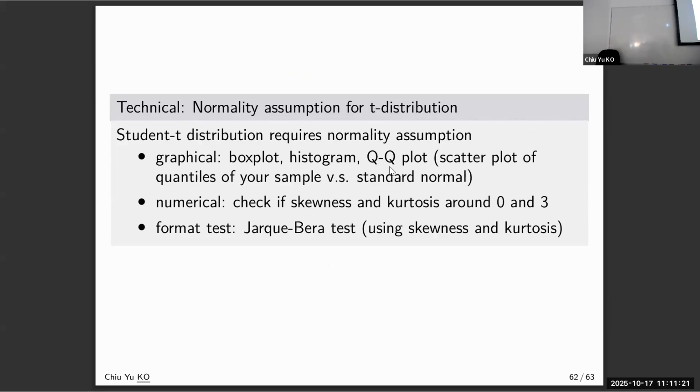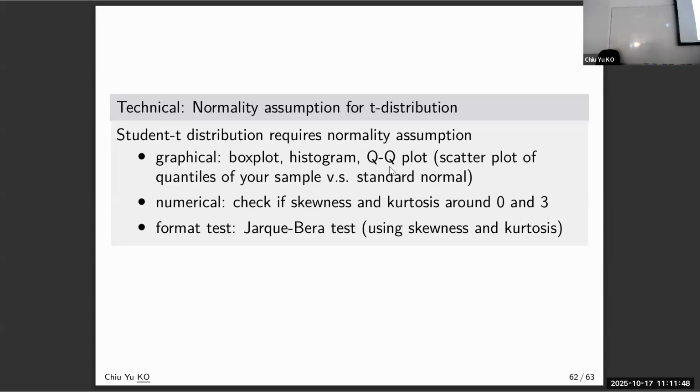How can we know? There are some ways. First, we know normal is symmetric and its kurtosis is 3. So you can look at the sample skewness, is it close to 0? Or look at kurtosis, is it close to 3? If it's not different from 3, then you're fine.